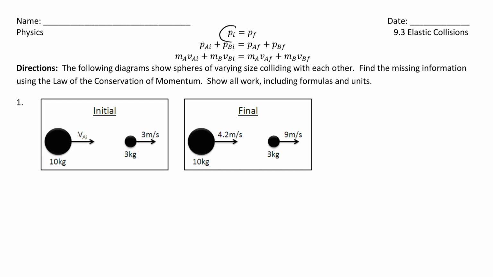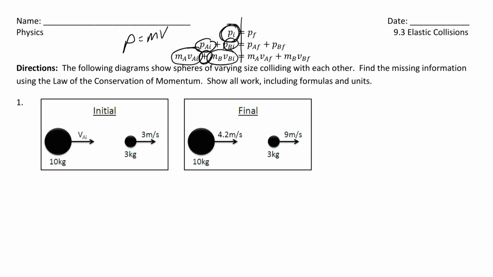So the initial total momentum is the combination of the momentum of A plus the momentum of B. And we know that the momentum is equal to mass times velocity. So you have the mass times the velocity of A initially, the mass times the velocity of B initially, and you're adding those two together because it's the total momentum initially. And then the same thing on this other side.